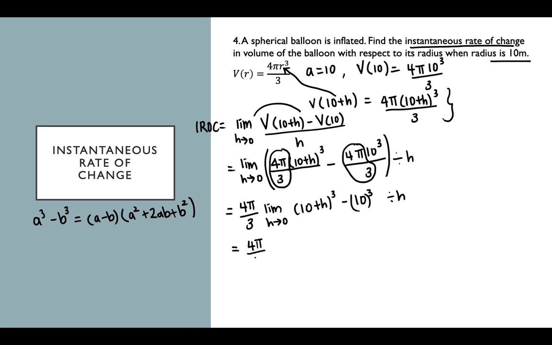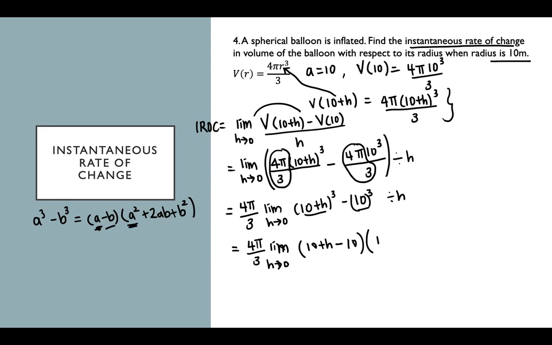So 4 pi over 3, limit h approaching 0. So A is 10 plus h, and B is 10. So let's start. A is 10 plus h minus B, which is 10. That's my first bracket. And then in the second bracket, A squared.